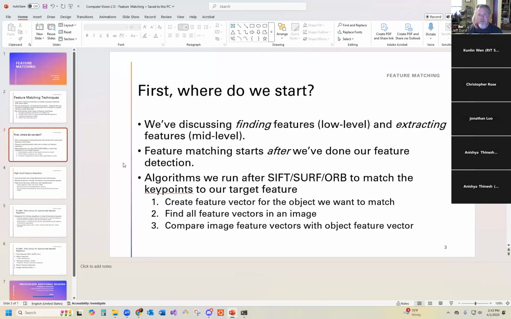We've done all of those things to get ready for our final phase of computer vision, or a big application, where we're doing object detection, object classification, anomaly detection and all these different things. The idea is we've already run an algorithm that has given us key points.